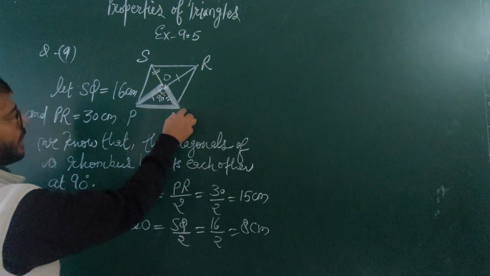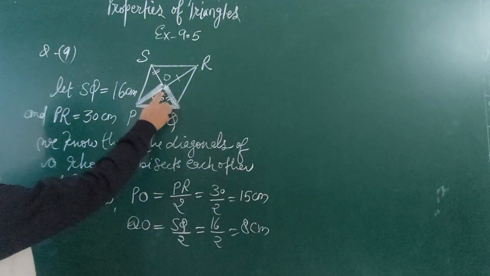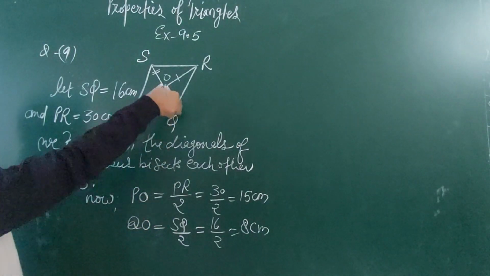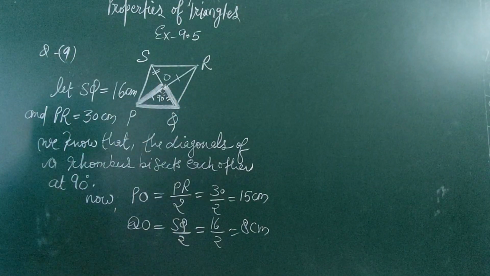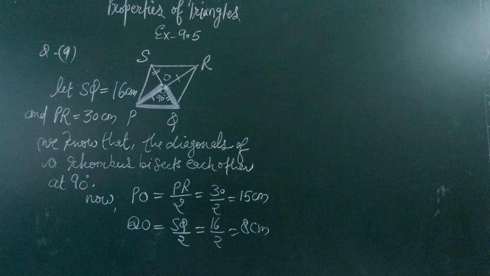Triangle POQ. One angle is equal to 90 degrees. We know the value of PO. We know the value of QO. If in a right angle triangle we know two sides of the triangle, then by applying Pythagoras theorem, we can find the third side of that triangle.